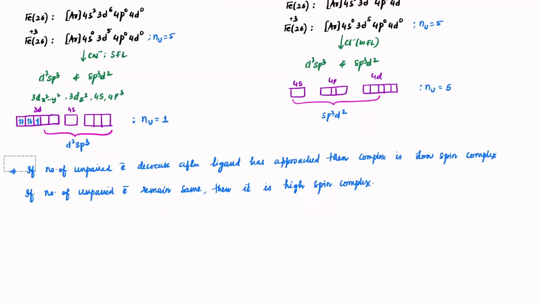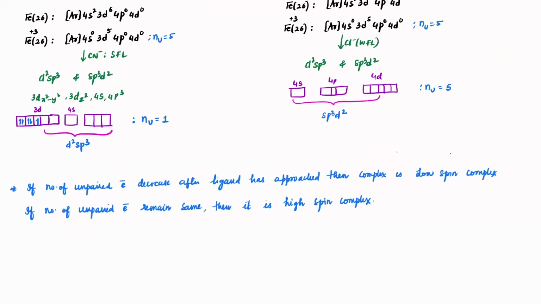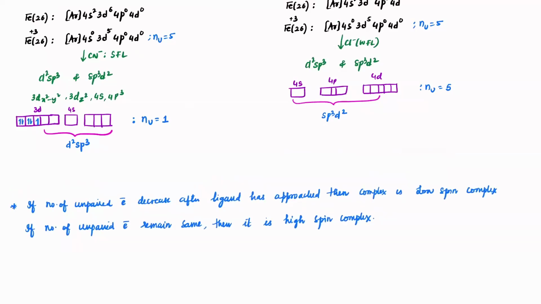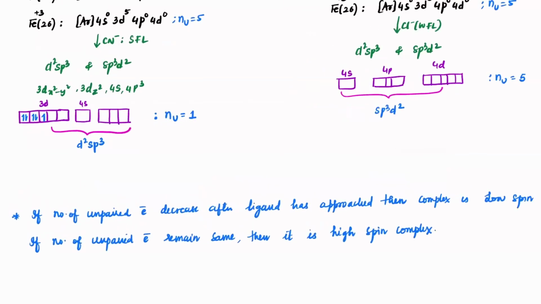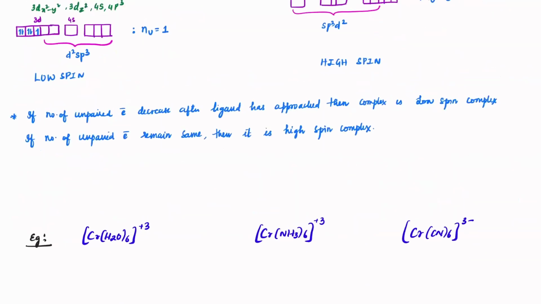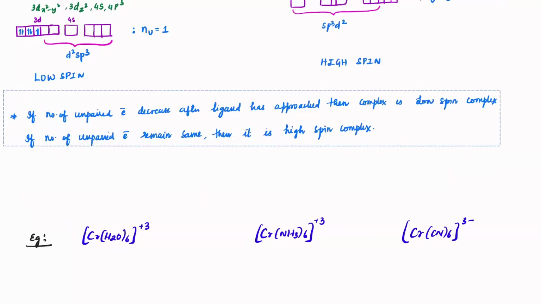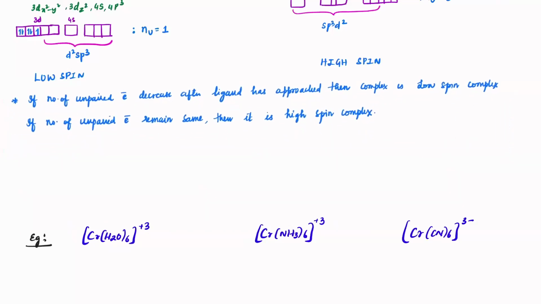Using this fundamental, if you compare, we can definitely say this one is a low spin complex and this one is a high spin complex. Next important part: what type of octahedral geometry are you getting here?